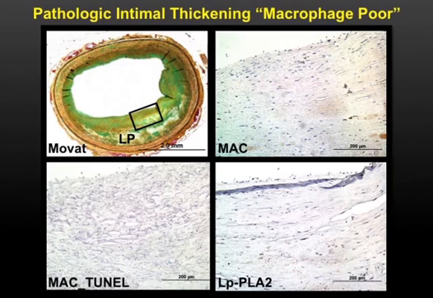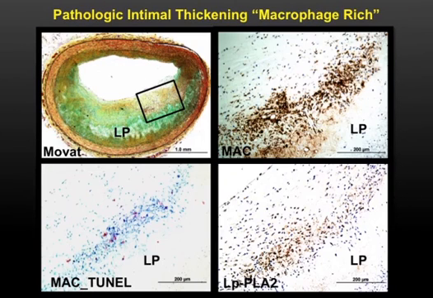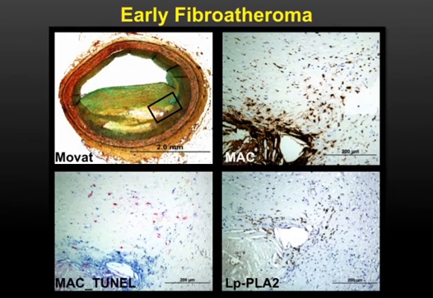In pathologic intimal thickening, you can see there are hardly any macrophages and hardly any TUNEL positivity, and Lp-PLA2 is sparsely seen in smooth muscle cells. However, as soon as we see macrophages, we see a large amount of Lp-PLA2 expression. We can show you TUNEL as well as macrophage positivity occurring only at the sites where macrophage cell death is occurring.